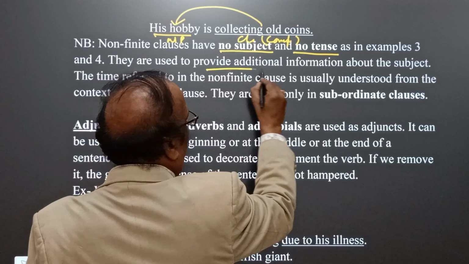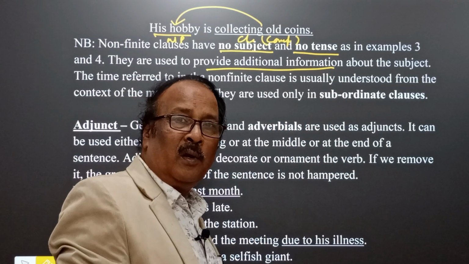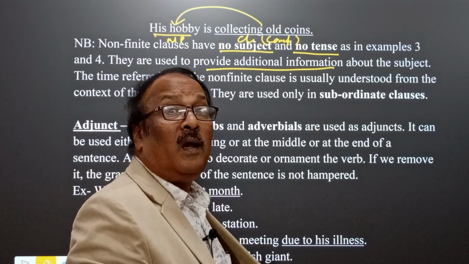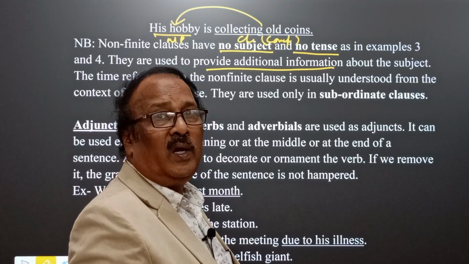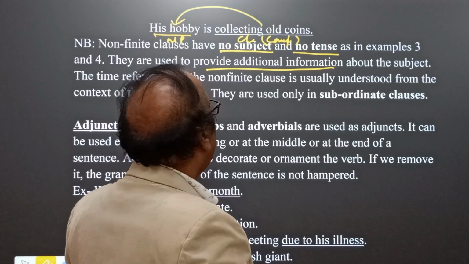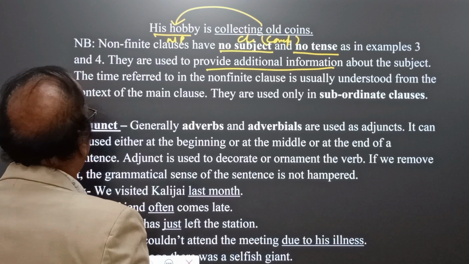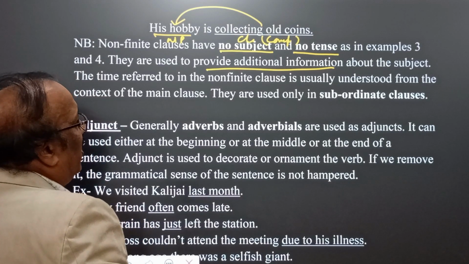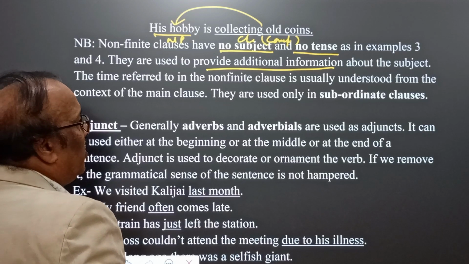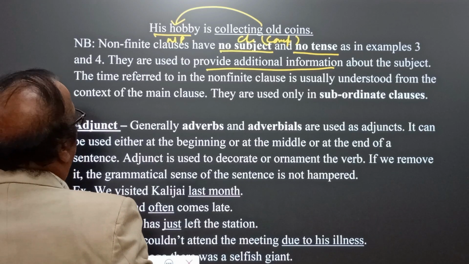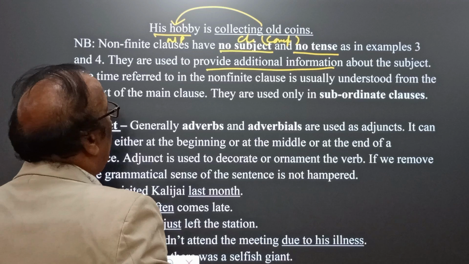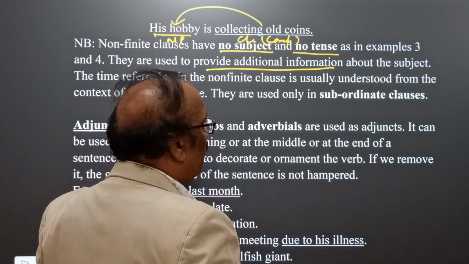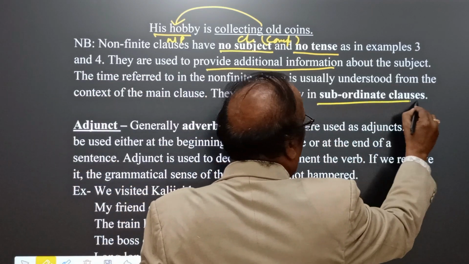And this information also makes our sentence perfect and interesting. Therefore, another idea: here, the time referred to in the non-finite clause is usually understood from the context of the main clause. They are used only in subordinate clauses.